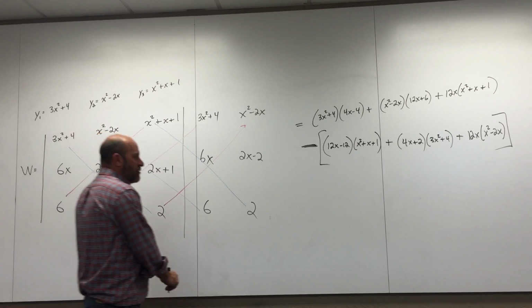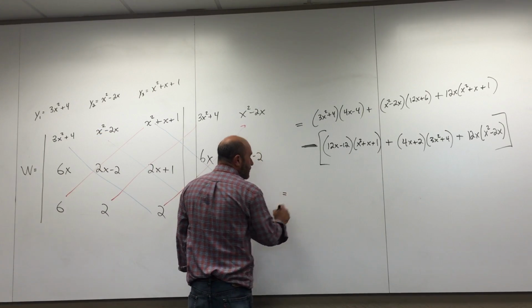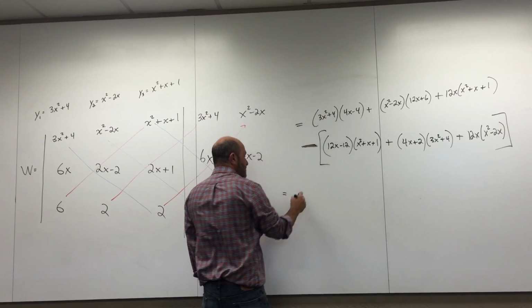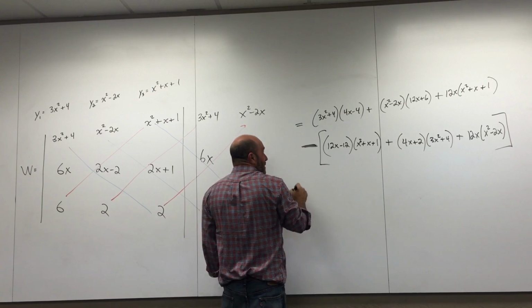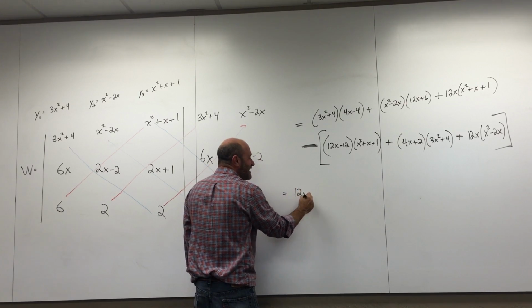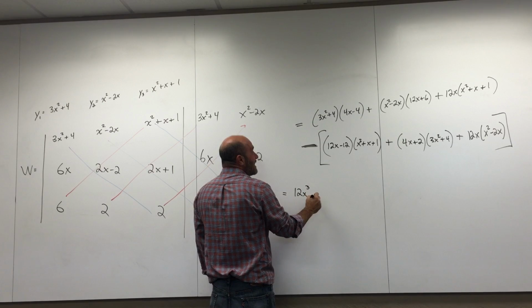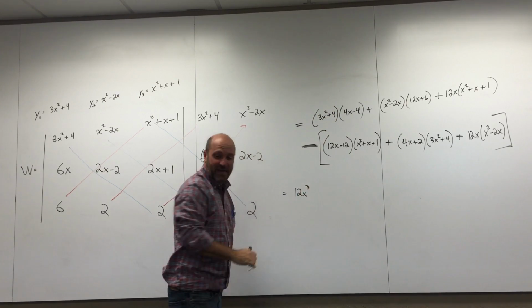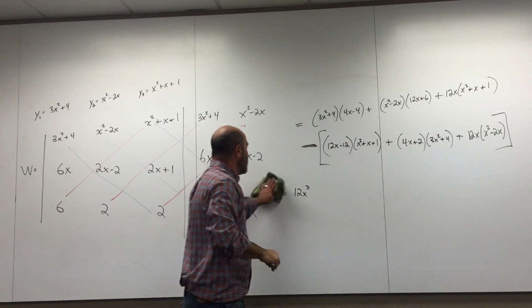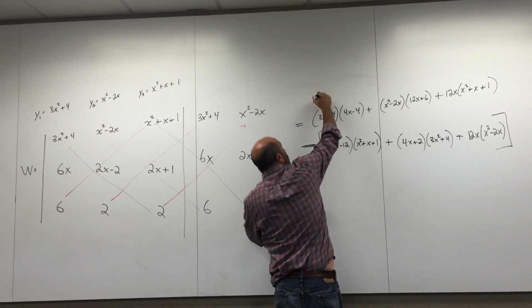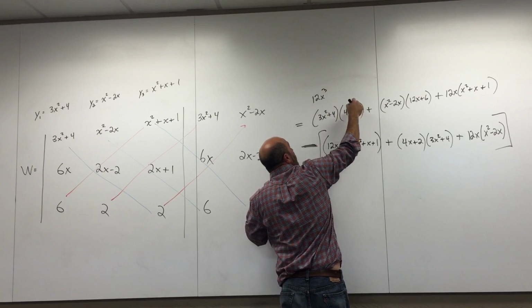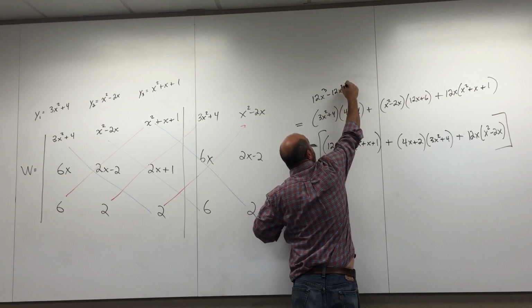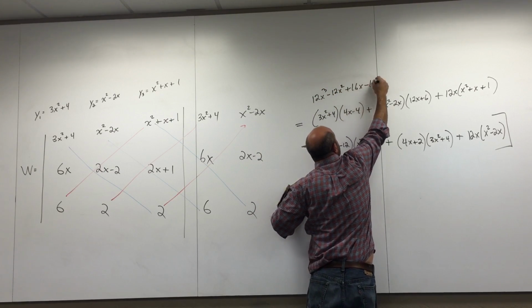Okay. On your mark, get set, go. I'm going to get a 12x cubed. Might be fun just to do this up here. I'm going to get a 12x cubed, negative 12x squared, a 16x, and a minus 16.